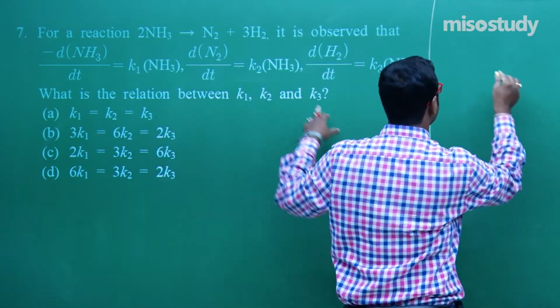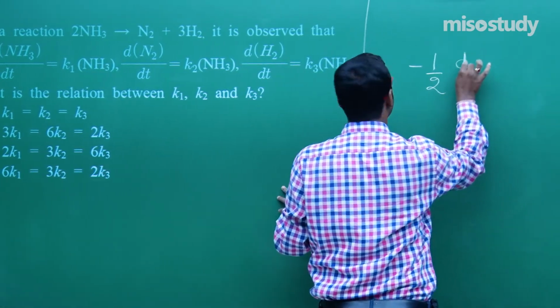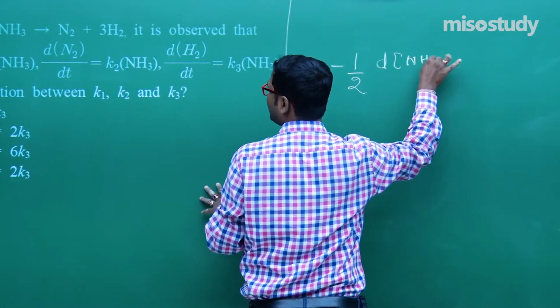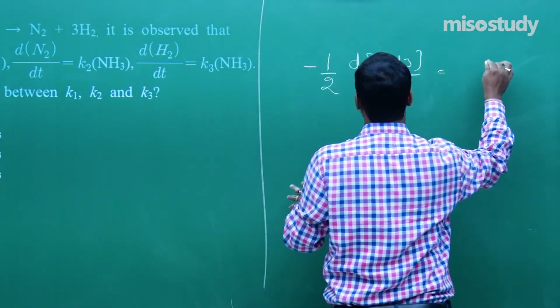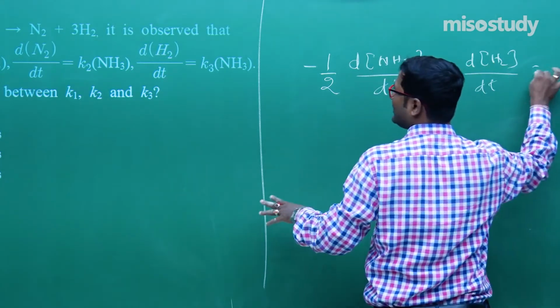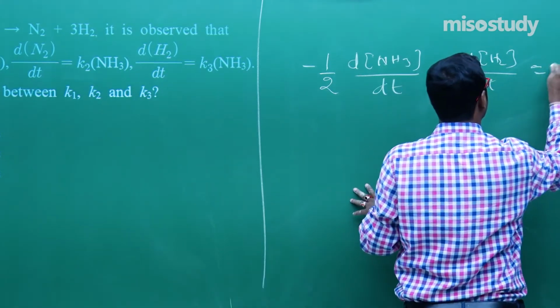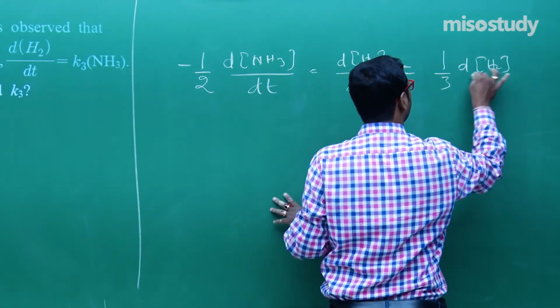As we know, minus 1 upon 2 dNH3 upon dt is equal to dN2 upon dt, and then 1 upon 3 dH2 upon dt.